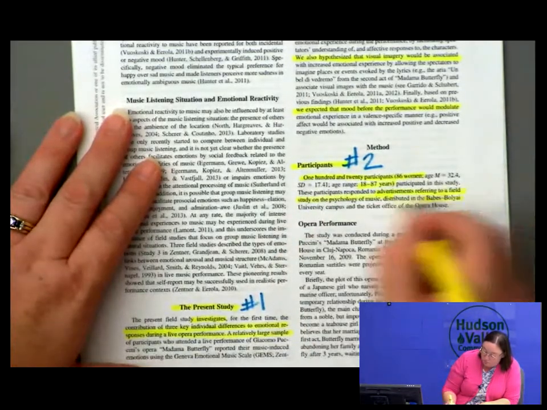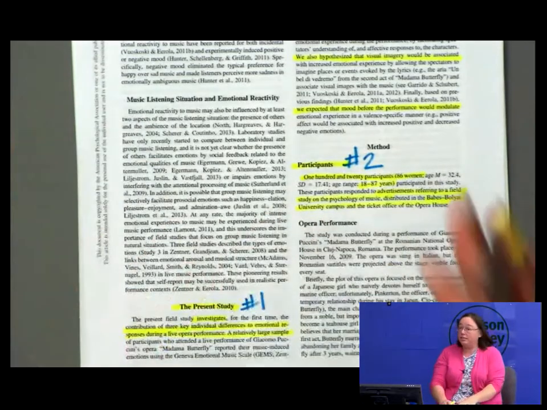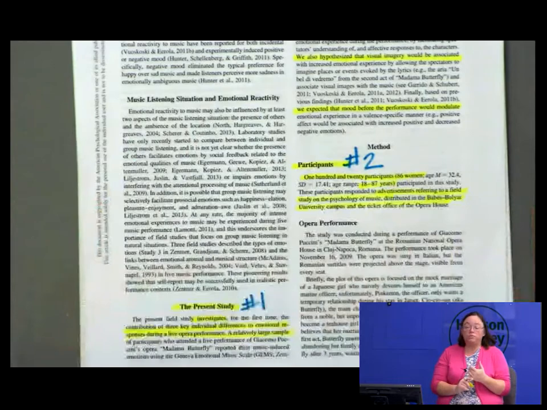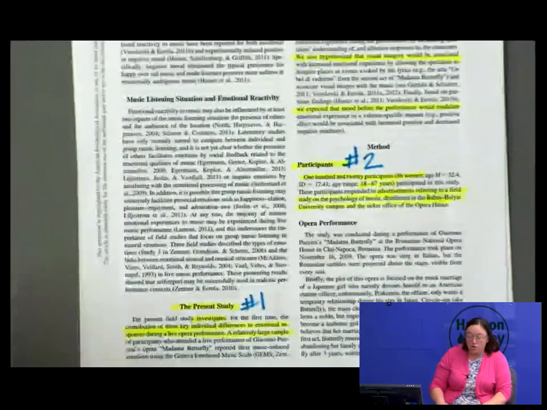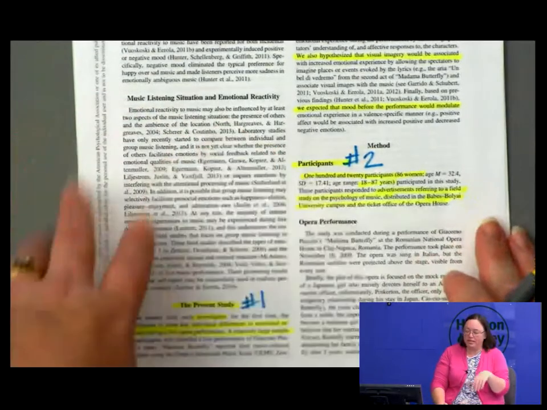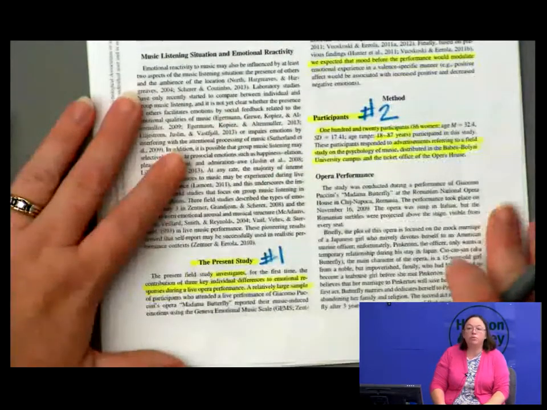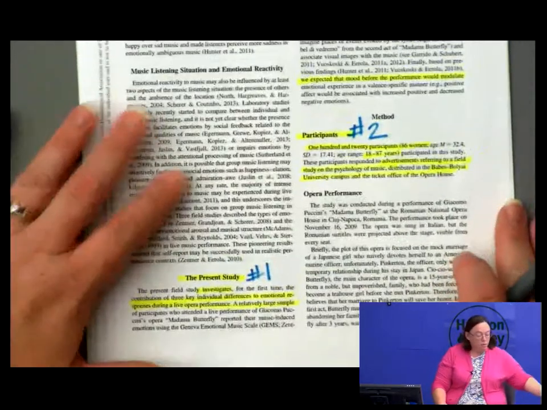Distributed at, there you go. It's all right there. It's not a lot of detail, but they do tell you who was involved, the number that was involved, gender breakdown, age breakdown. So you have some basics. So for this study, the number 2, really easy. It's all right there.